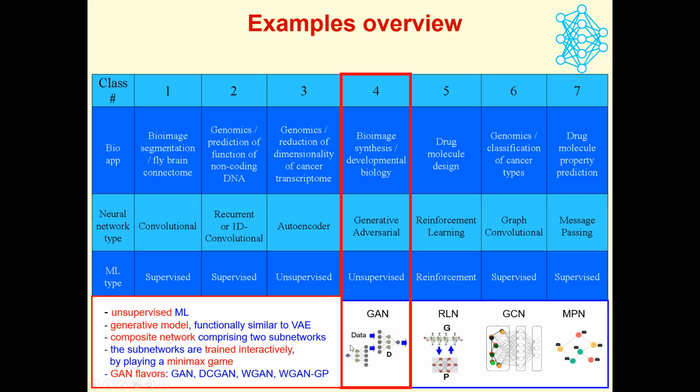We will come to it later in this class. And finally, there are multiple flavors of GAN, such as just regular vanilla GAN, then DC GAN, W GAN or Wasserstein GAN, and Wasserstein GAN with gradient penalty. We will discuss these flavors in this class, but there are also more different flavors.